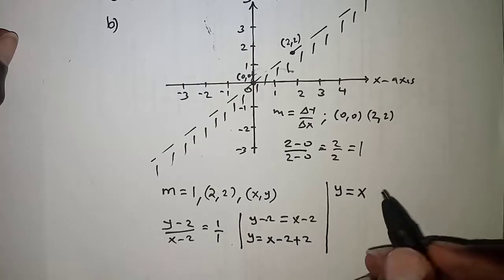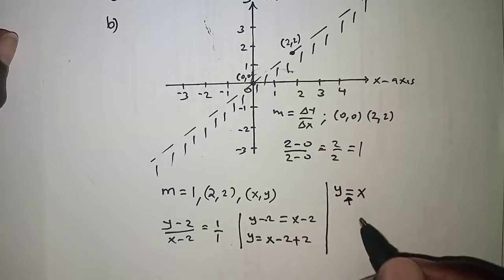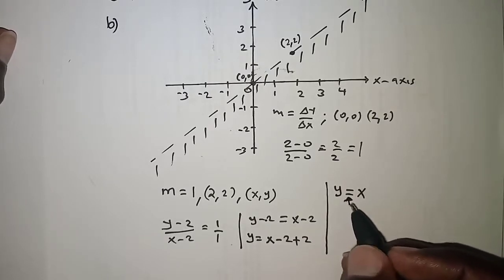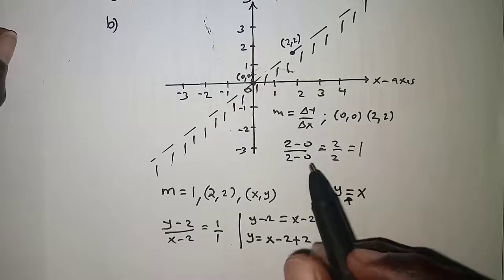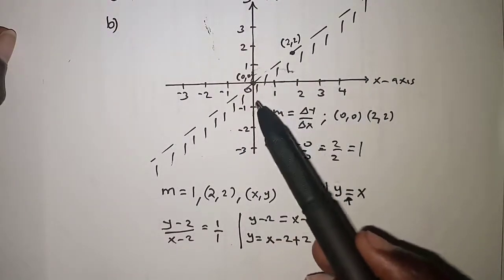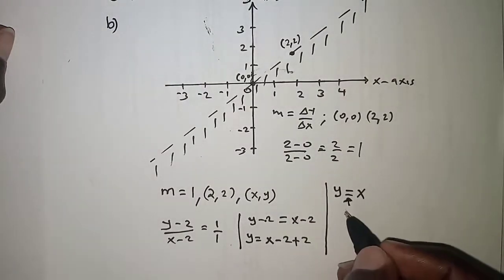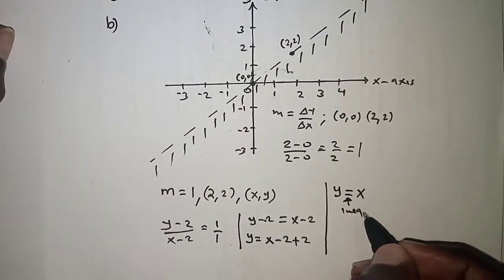For this particular case, we have an equal sign, so we need to replace this with an inequality symbol. As you can see, there's a side that has been shaded. So this is replaced with an inequality.